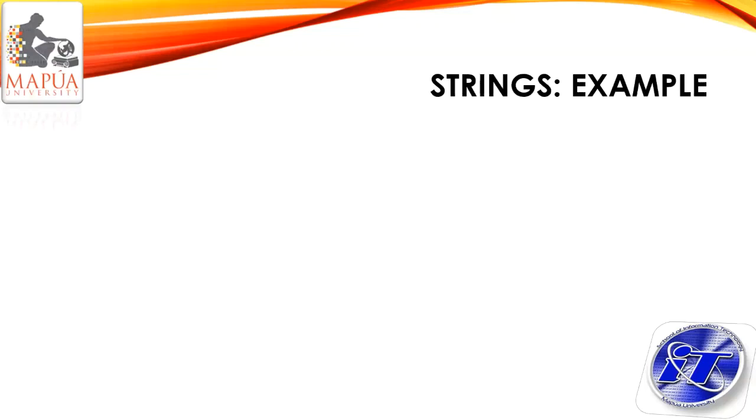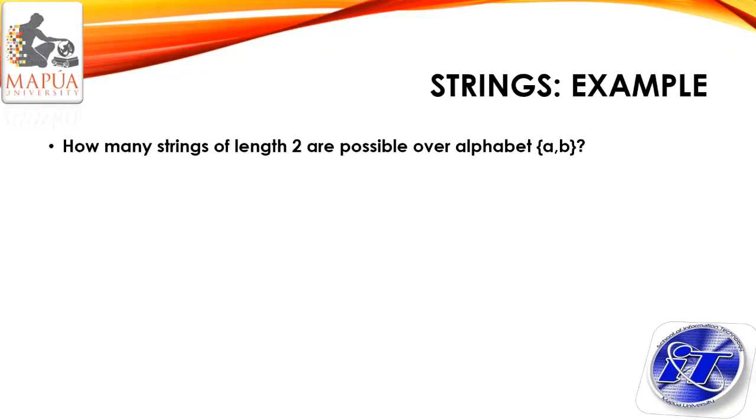So let's have an example. How many strings of length 2 are possible over alphabet {A, B}? We have two possible values, so 2 raised to 2, we have 4, based on the power of 2 rule. Which are AA, AB, BA, and BB.